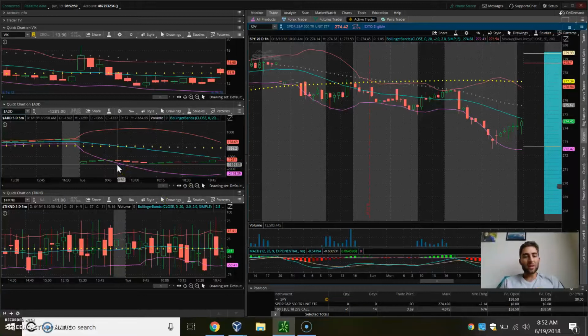The way you read this chart is this tells you how many stocks are declining in the NYSE. Right now we opened up with about 1,400 stocks declining, and that's a very high number.